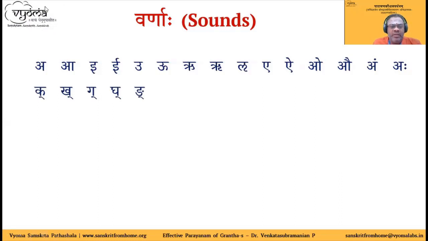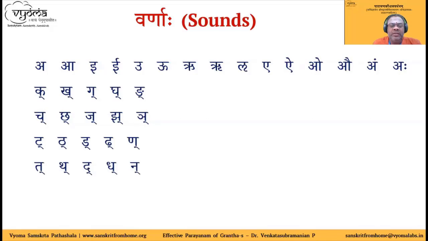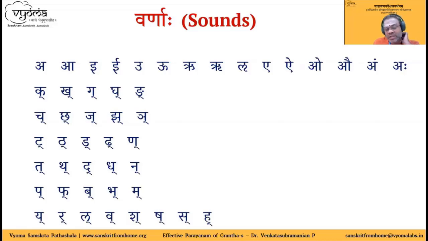You have k, kh, g, gh, n, ch, chh, j, jh, n, t, th, d, dh, n, t, th, d, dh, n, p, ph, b, bh, m, y, r, l, sh, sh, s, h. These are the Varnas that are explained here. These Varnas, normally a mother teaches it to the child. So they are called as Matrika Patha. This is the first set of letters which a guru teaches to a child who is aspiring for learning Vedas or for Sanskrit.